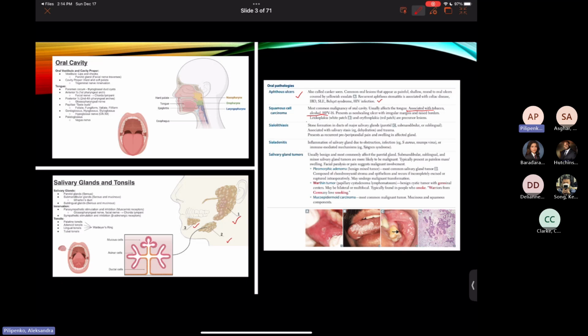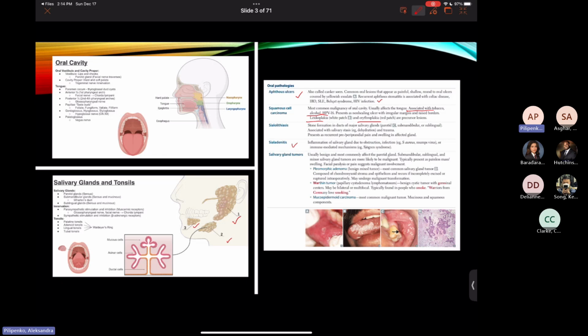You do need to know the precursor lesions, right? So like white patch versus red patch and so on. Also stones in major salivary glands. You probably would also need to see the histology on that. Inflammation due to the obstruction, and some salivary gland tumors.